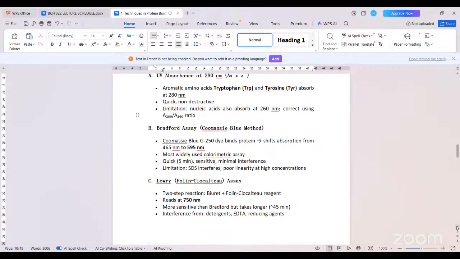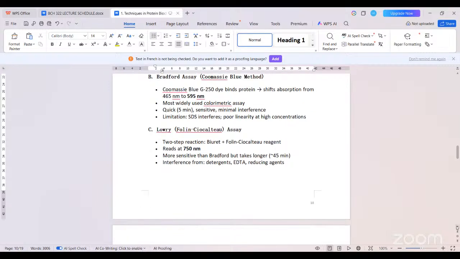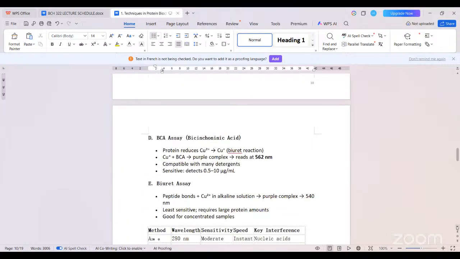The Lowry assay occurs in 2 steps. First, the Biuret and Folin reagents are used to prepare the sample, and the sample is read at 750 nanometers. And this method is quite very sensitive, but it takes quite some time, about 45 minutes.